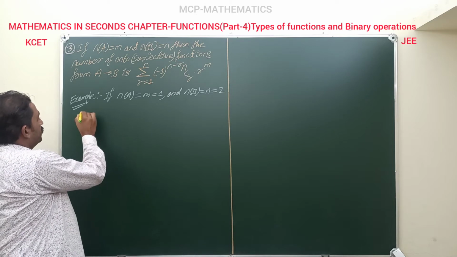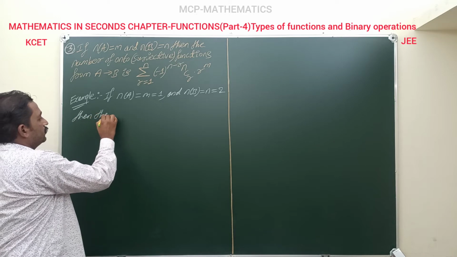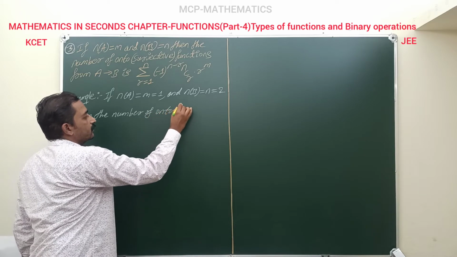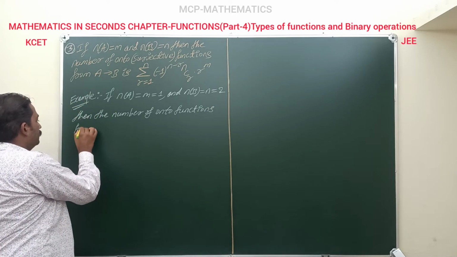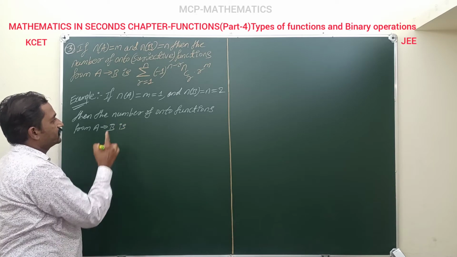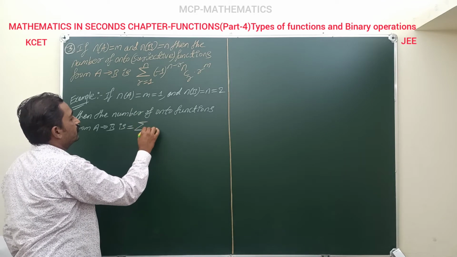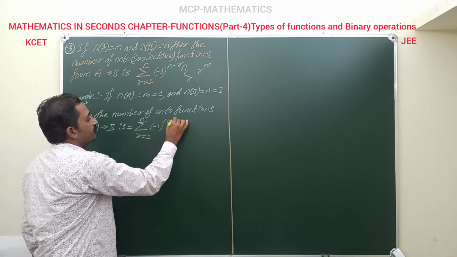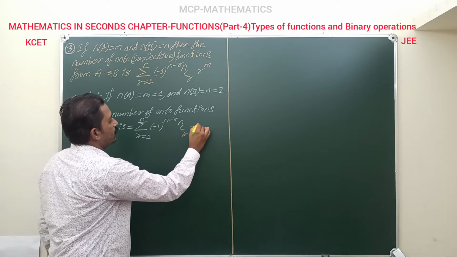Next, find the number of onto functions from A to B. In this case, the summation is equal to the summation of r varies 1 to n of (-1) to the power of (n - r) nCr into r to the power of m.